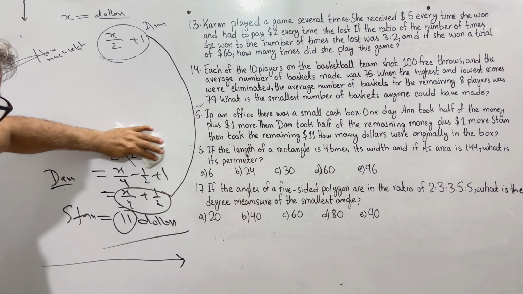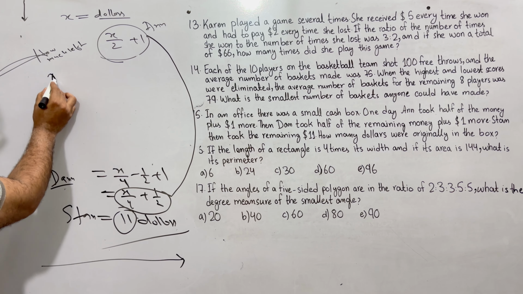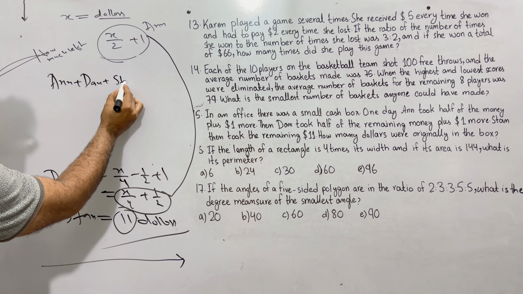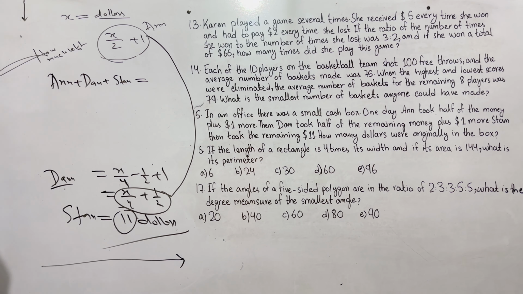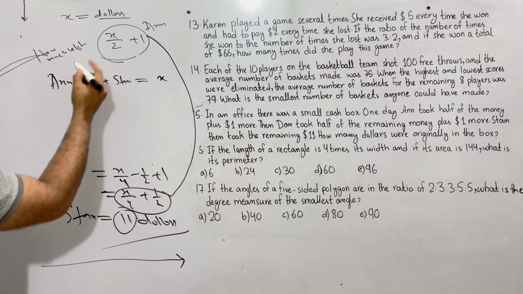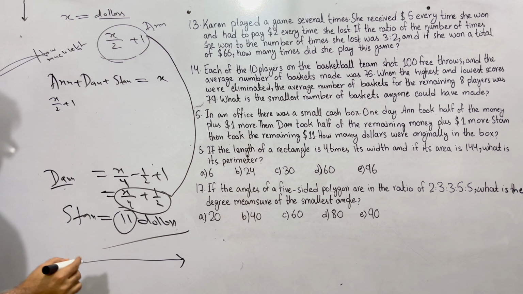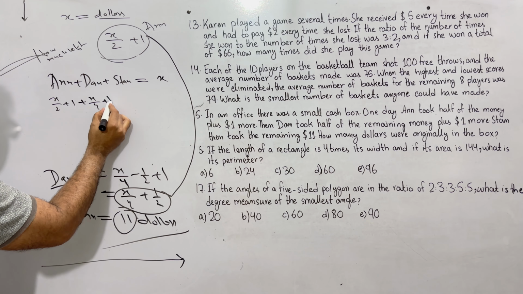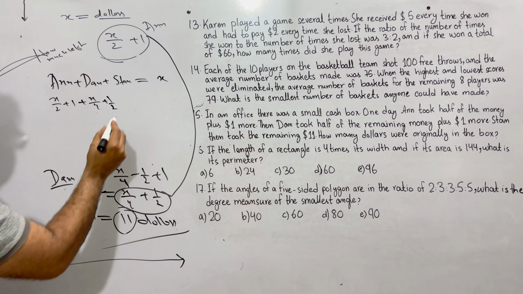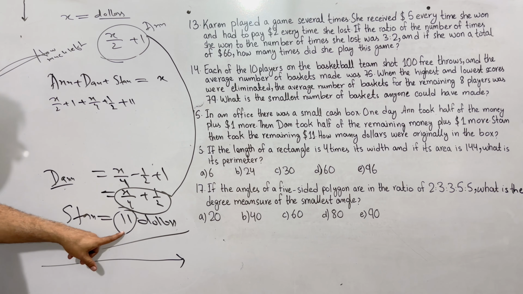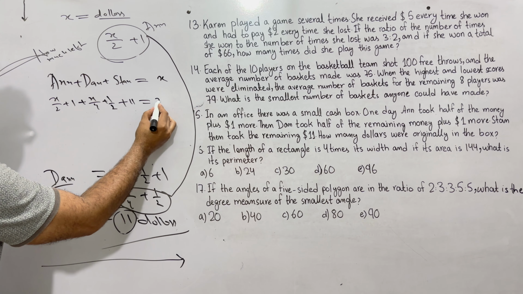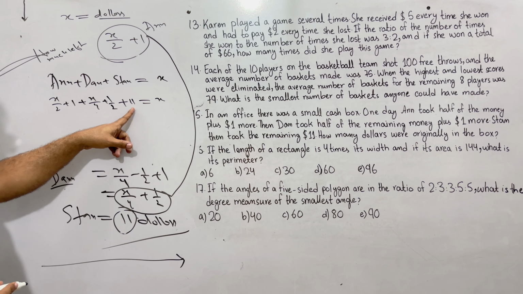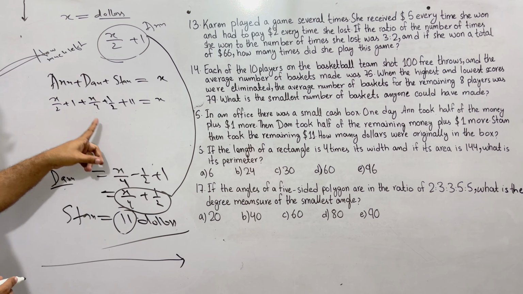So finally, we can find the total: what Ann took plus Dan plus Stan is going to equal our original X dollars. How much Ann took? That is X over 2 plus 1. The calculation of Dan is X over 4 plus 1 over 2, and then $11 of Stan is equal to X. If I add them up, 1 plus 11 becomes 12, and 12 and a half.